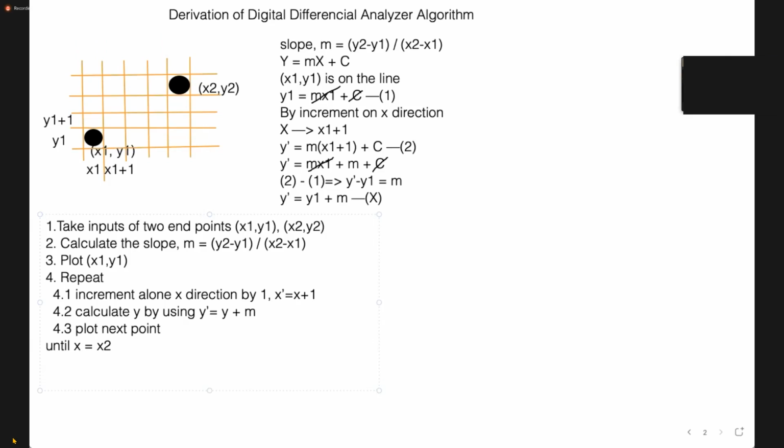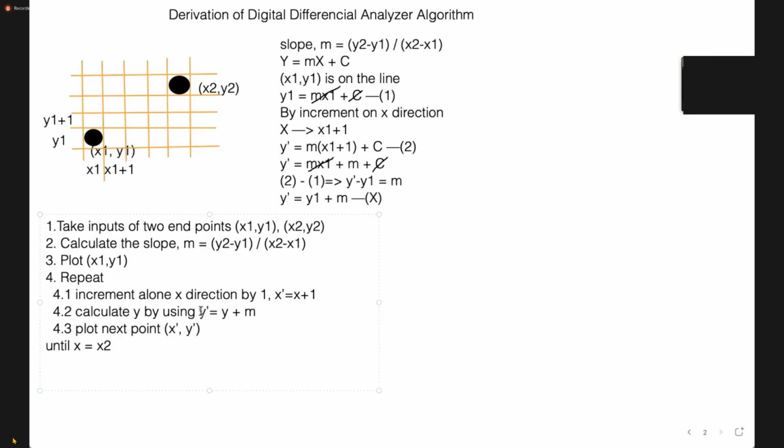You repeat this particular thing and calculate each and every point pair, x dash, y dash. This will happen until the x coordinate equals x2. You do the calculation. That way you can plot the points.